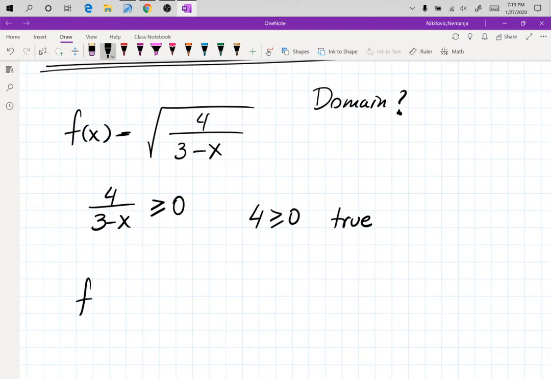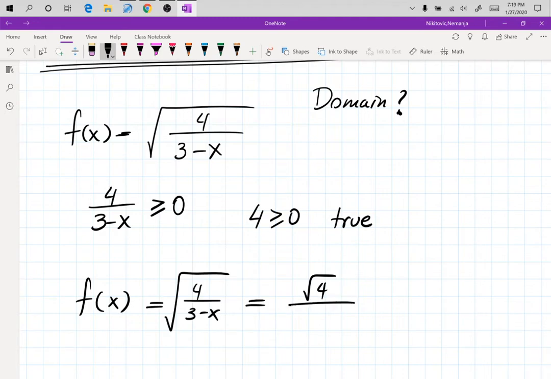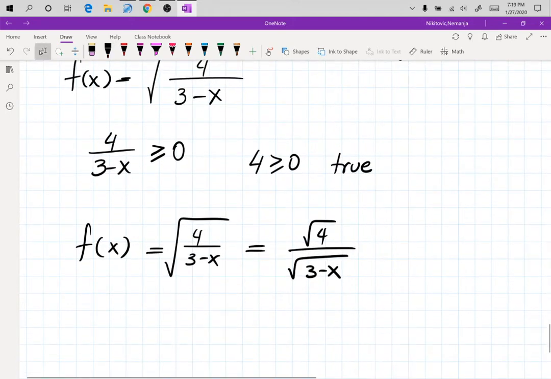So our f of x, which was 4 over 3 minus x, using algebra, gets split into the square root of 4 over the square root of 3 minus x. That is equal to 2 over the square root of 3 minus x. This is where I use the red rule.